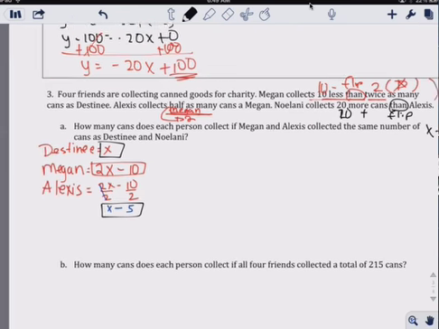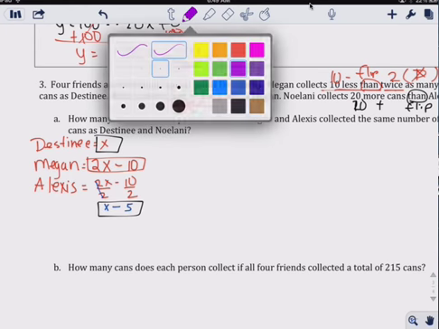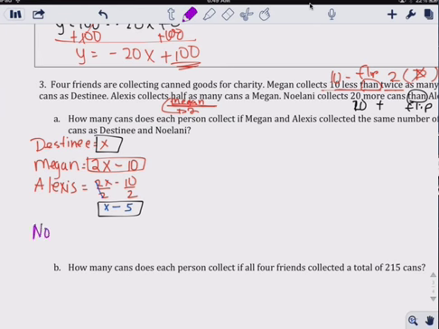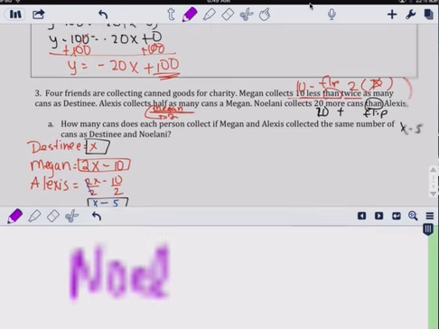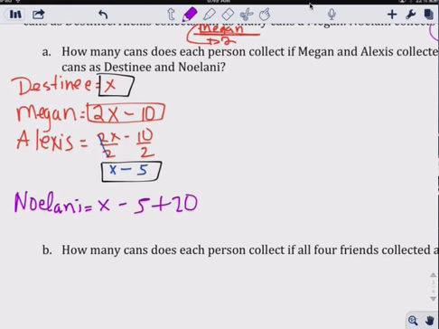So Nolani is x minus 5 plus 20. Okay? We got x plus 15 for Nolani.